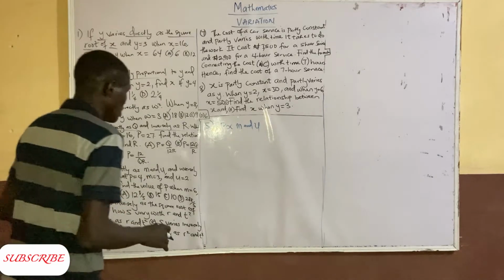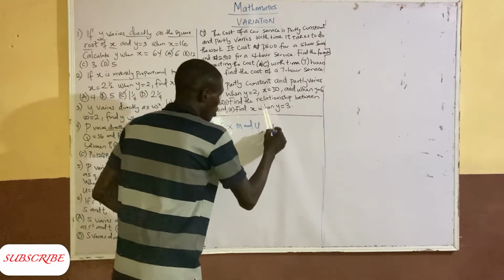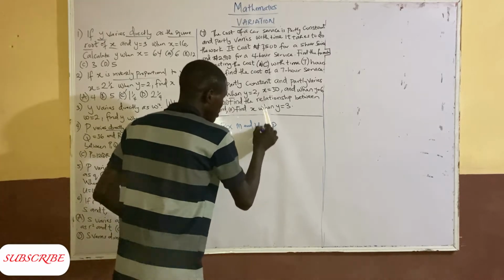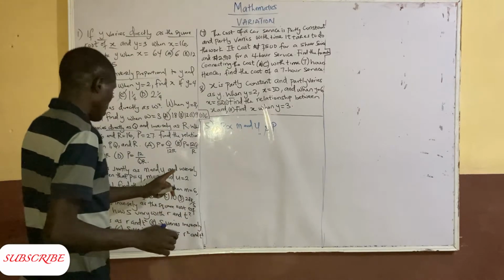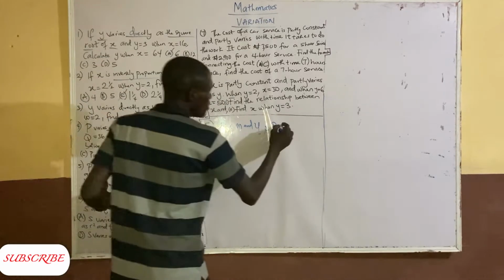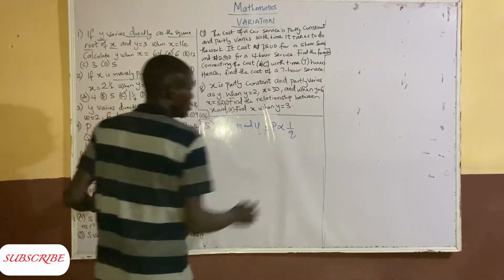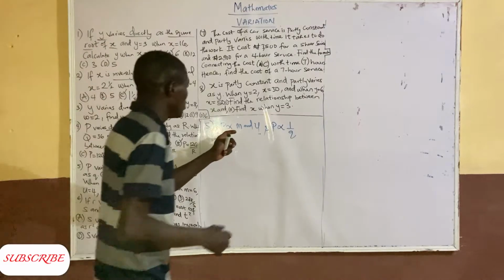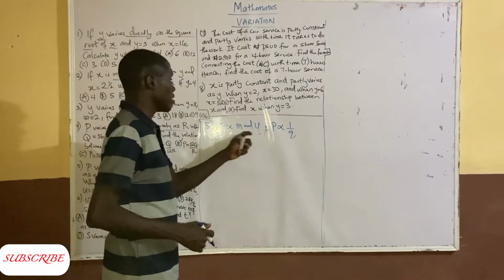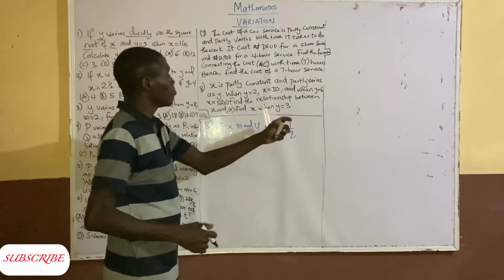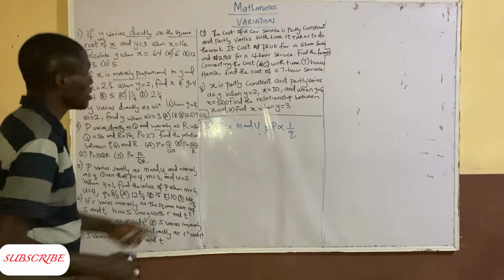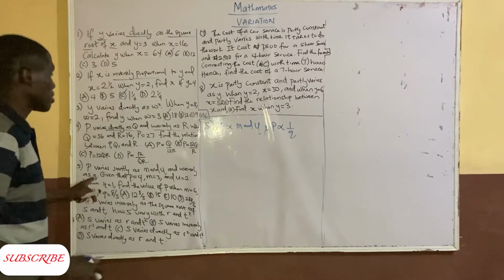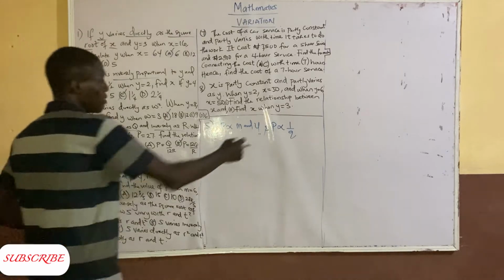And P also inversely varies as Q. This question is becoming a little bit complex. P varies directly as M and U, and P inversely varies as Q.